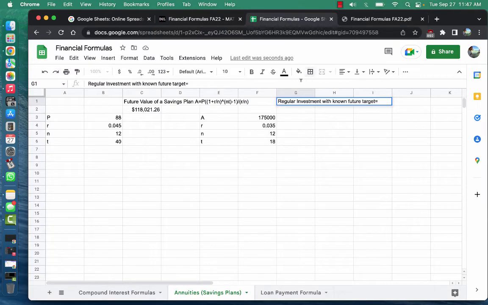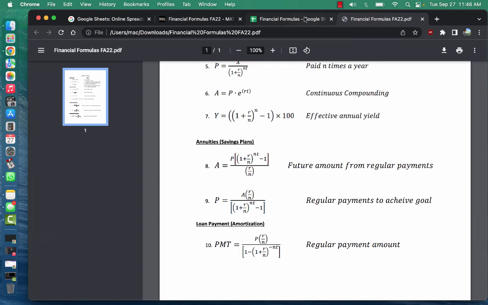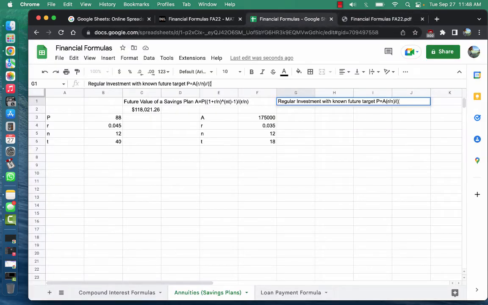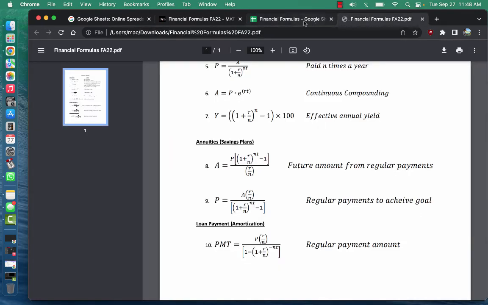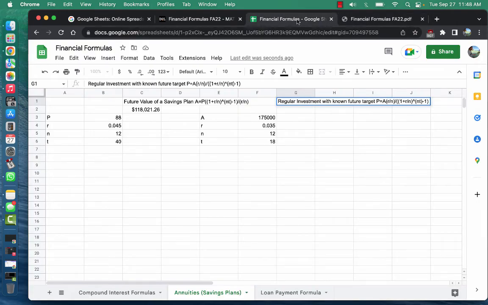So this formula is P equals A times rate divided by N, divided by, double parenthesis, 1 plus the rate divided by N, to the N times T, and then a minus 1. Yep, that's how it's typed in there. Okay, so that's how it's going to look, and then let's type in the formula.